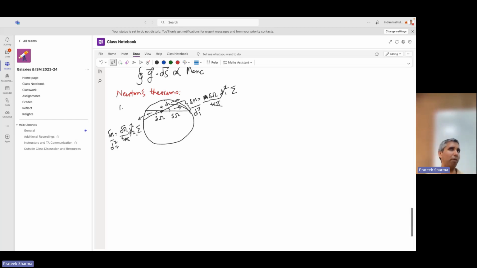So for any general point, the force from the opposite side of this cone is equal and opposite. Since they cancel in pairs, the whole sphere contributes zero acceleration to any point within the sphere. So the gravitational acceleration inside the spherically symmetric shell is zero, or the inner part of the shell is an equipotential. The potential everywhere inside is the same. This is Newton's first theorem.